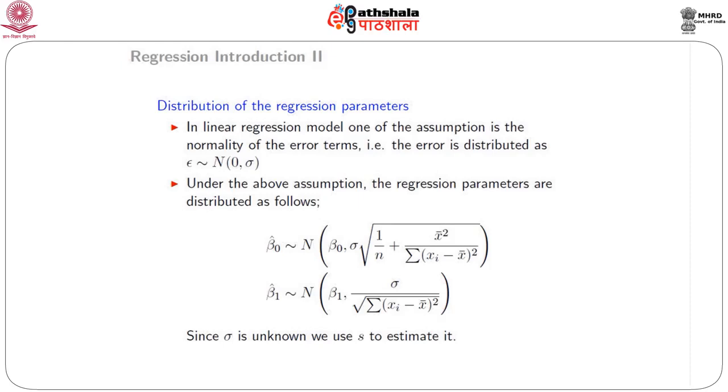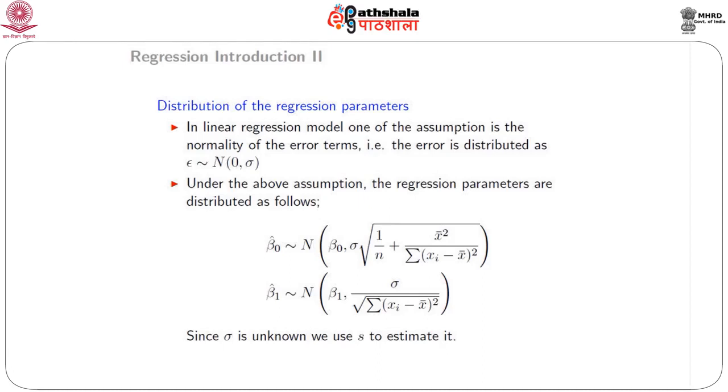We have already seen this assumption before. We assume that the error is distributed with normal distribution with mean 0 and variance sigma square. Under the above assumption, the regression parameters beta naught and beta 1 are distributed as follows.